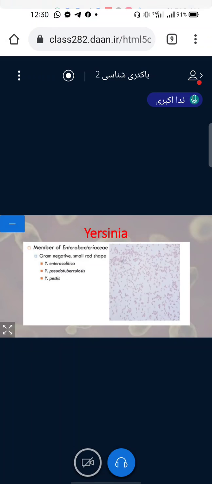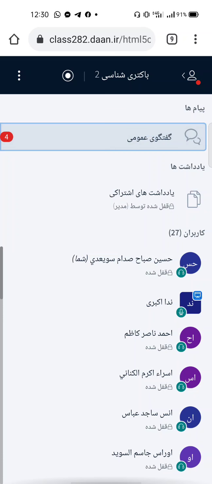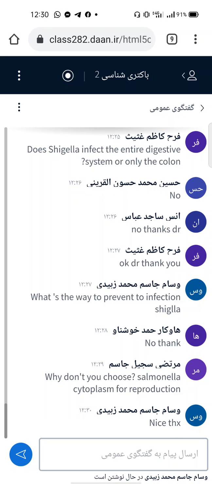Why doesn't Salmonella choose the cytoplasm for reproduction? Salmonella prefers to remain in the vacuole, because if it exits the vacuole and enters the cytoplasm, the environment of the cytoplasm is not suitable for replication, and the proteases and other enzymes in the cytoplasm kill it.